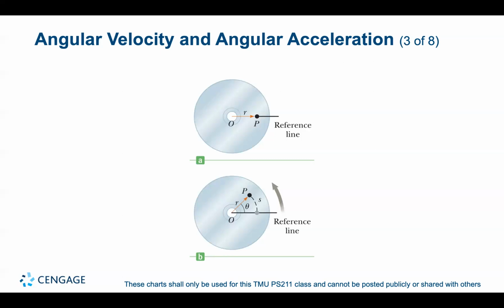Now we set up a fixed reference line and assume that at time equals 0, the point P is on the reference line. After a time interval delta t, the point P has advanced to a new position, as shown in the figure on the right. In this time interval, the line OP has moved through the angle theta with respect to the reference line. This angle theta is measured in radians and is called the angular position. It is analogous to the linear position variable x.